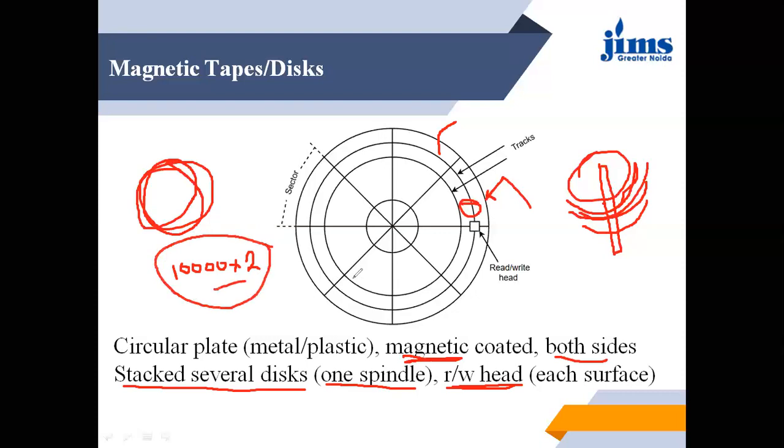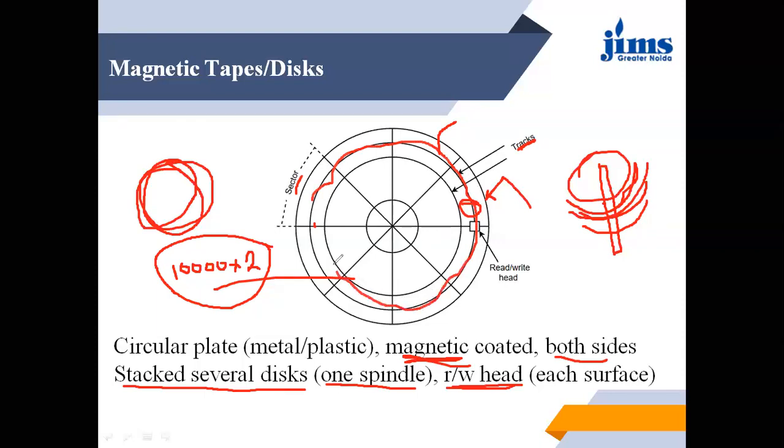These disks are coated with magnets, and these are divided into sectors as well as tracks. When we divide the disk circularly, in that case it is called a track.